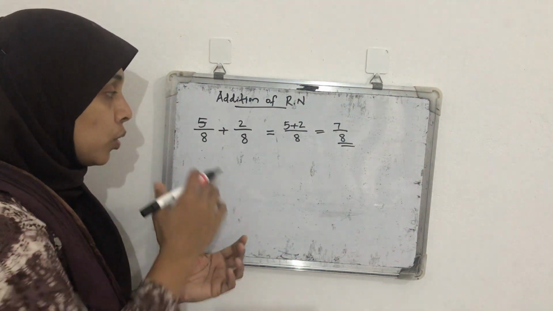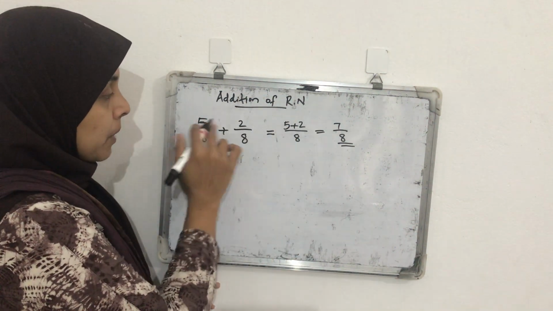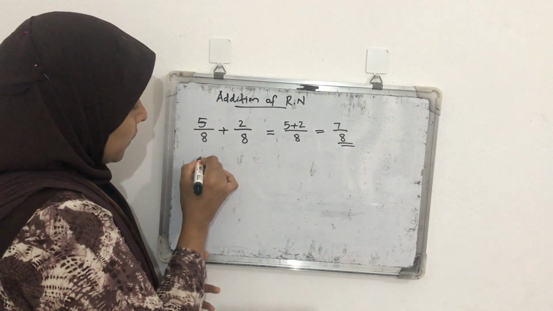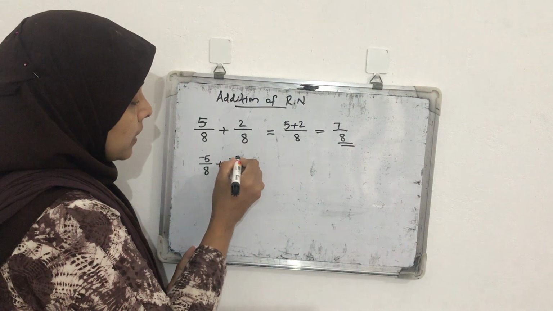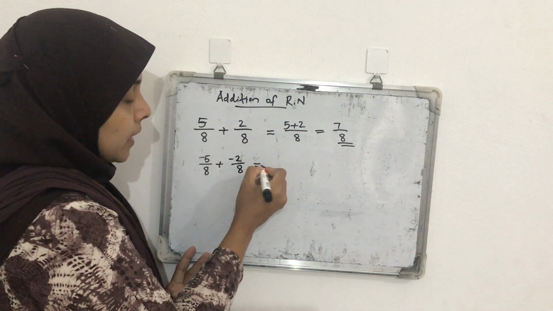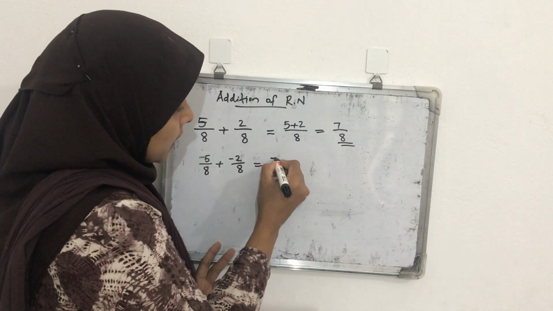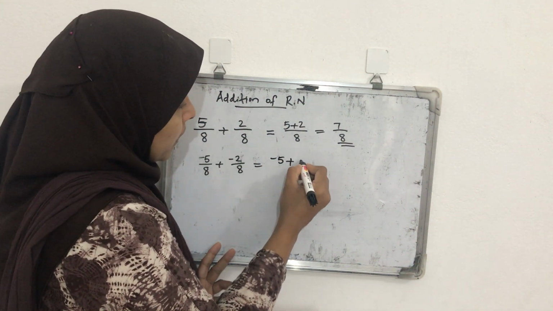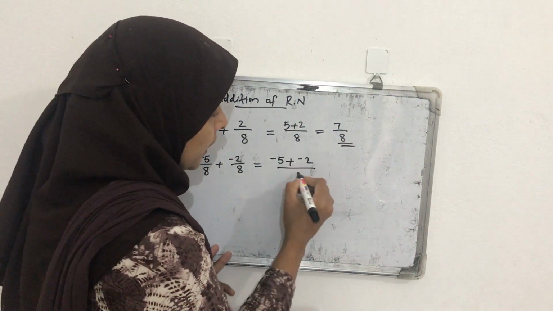Now suppose both the numerators are negative, with the same numbers 5 and 2. Minus 5 by 8 plus minus 2 by 8 is equal to, here we are adding the numerators, which are integers, minus 5 plus minus 2, over the common denominator 8.